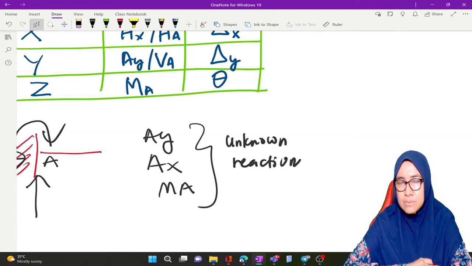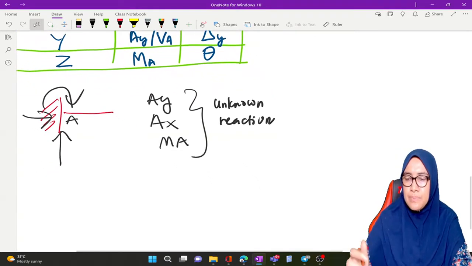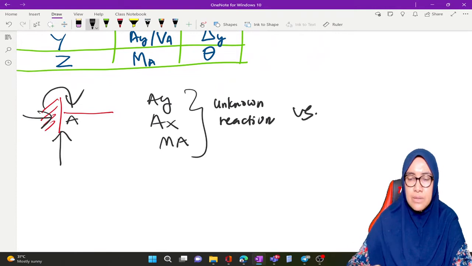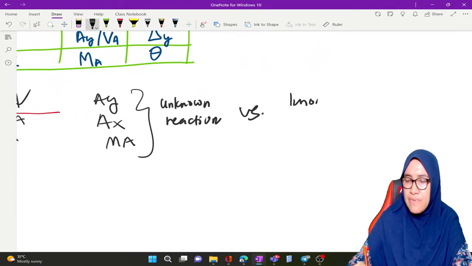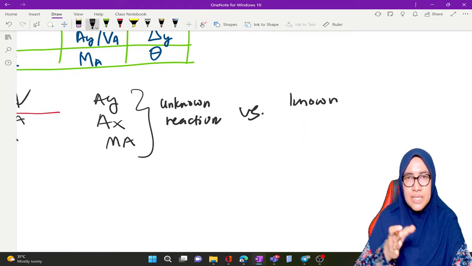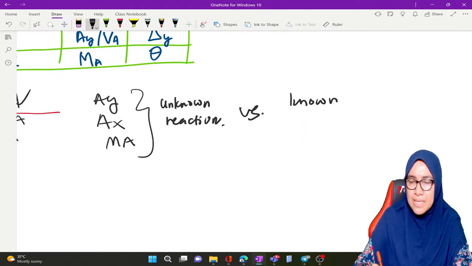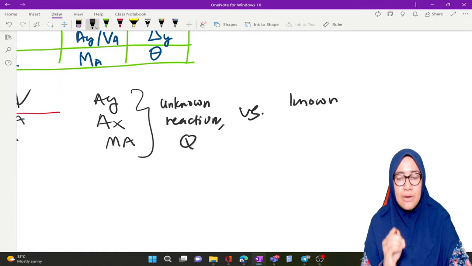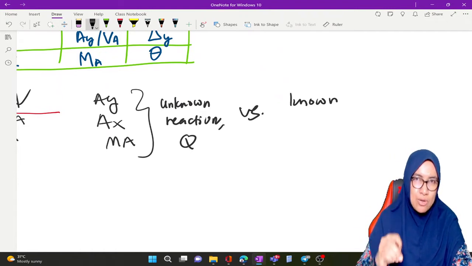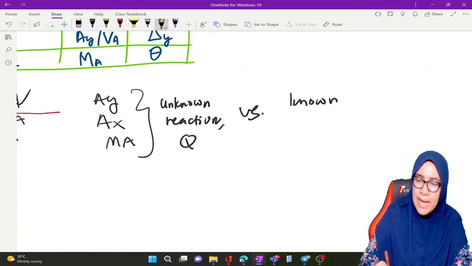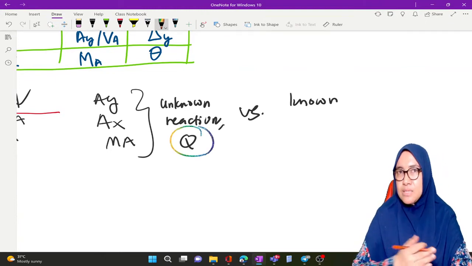Unknown reaction means unknown Q, because reaction is force.